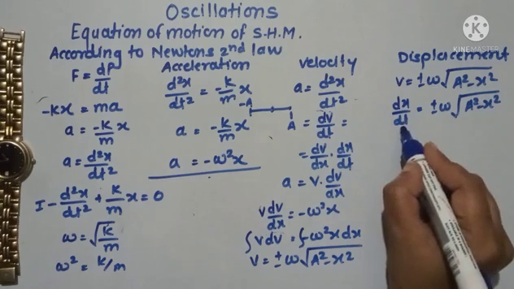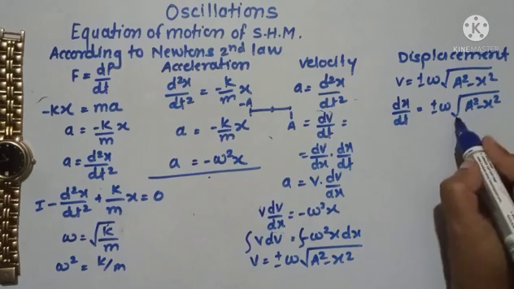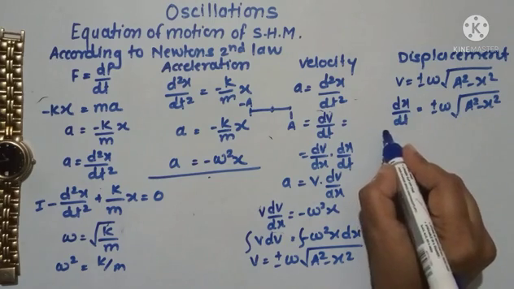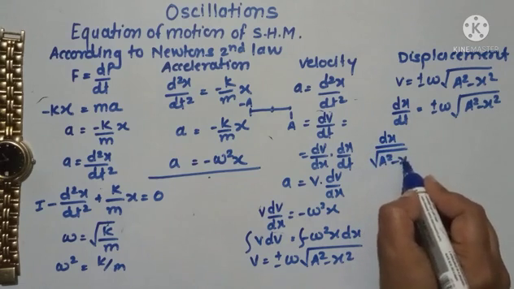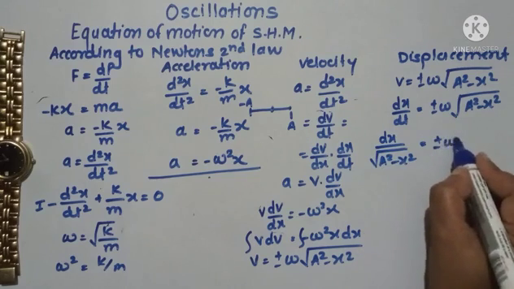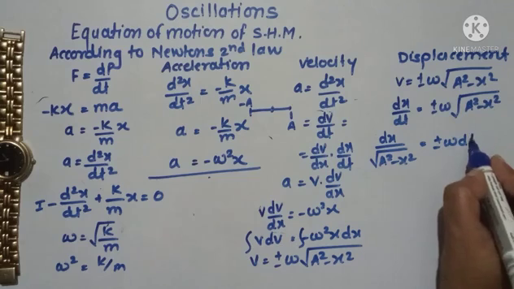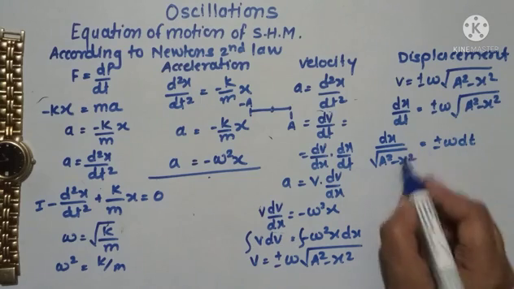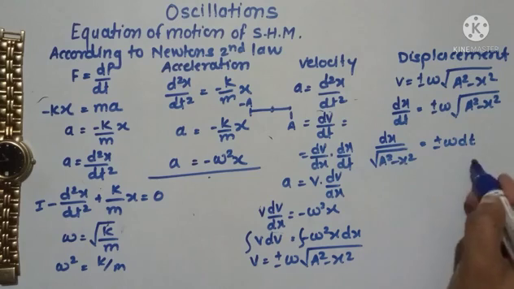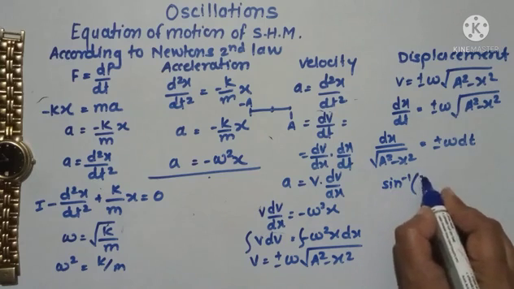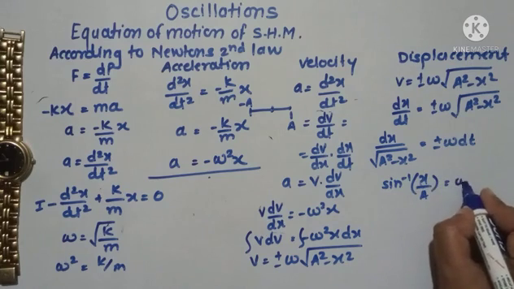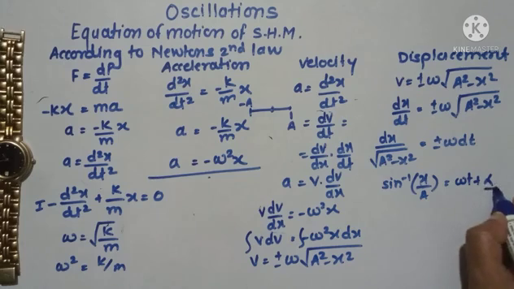So I can take this dt on the right hand side and this square root on the left hand side. I can write dx upon root of a square minus x square is equal to plus minus omega dt. And if I take integration of both the sides, I will get sine inverse of x upon a is equal to omega t plus alpha, where alpha is an integration constant.